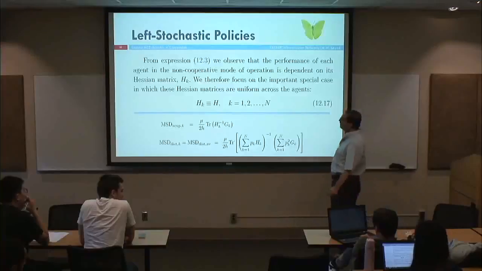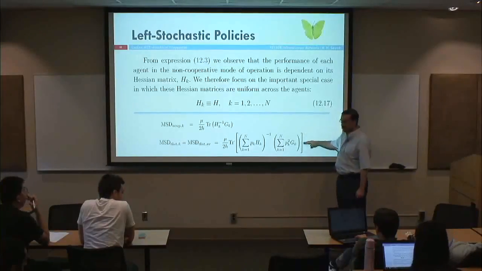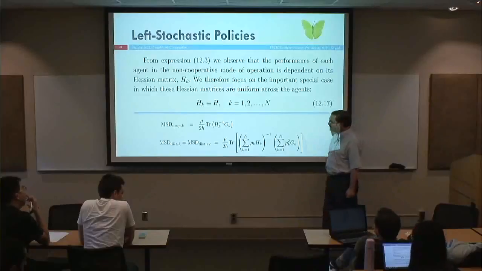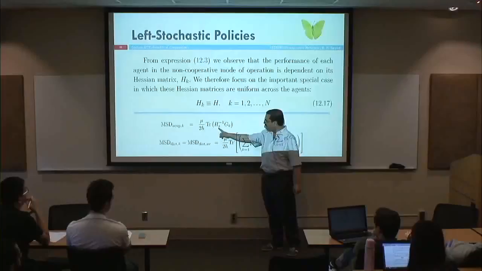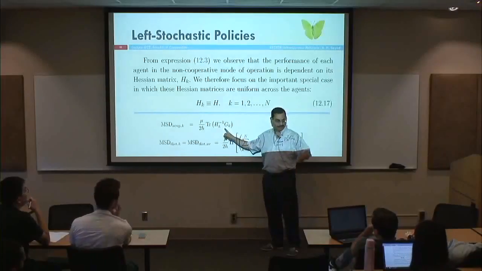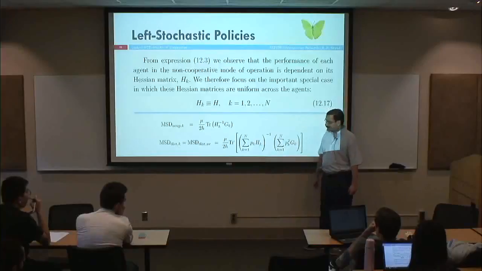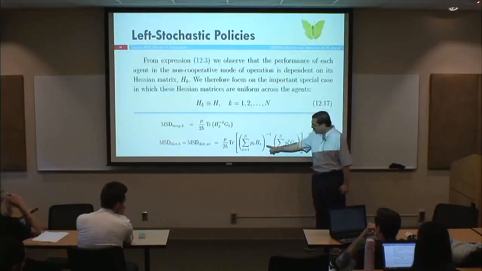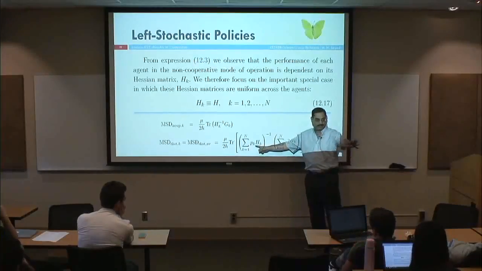Now, when the Hessian matrix is the same across the agents, okay, here I'm repeating the expressions, okay? The performance for the non-cooperative agent will be the trace of H inverse G_k. G can still be different, okay? For the network, what will be the individual performance? Here you will end up having H inverse times the sum of p's. Sum of p's is 1, right?